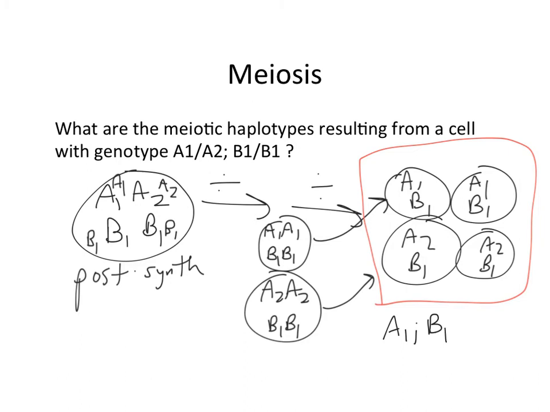There's an A1, B1, those are there and there. And then there's A2 semicolon B1. Those are the bottom 2. So there are 2 different haplotypes. You could call this a 1-to-1 ratio. There's an equal number of gametes with 2 haplotypes. For every A1, B1 gamete, you have an A2, B1 gamete. 1-to-1 ratio. Thank you for asking.